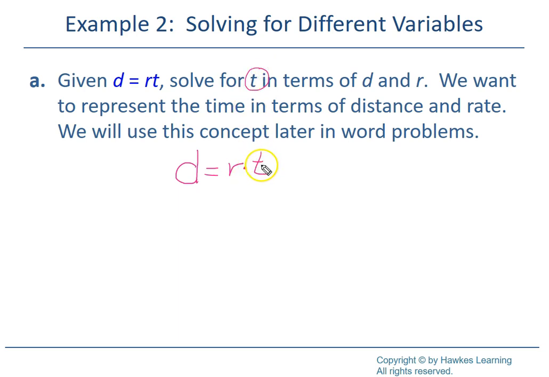Well, think of t as the variable and r as the numerical coefficient. How do we isolate the t? Well, we divide both sides by the numerical coefficient. So here the r's cancel out and we're left with t equals distance divided by rate. Again, have this in your notes if it were a quiz question.